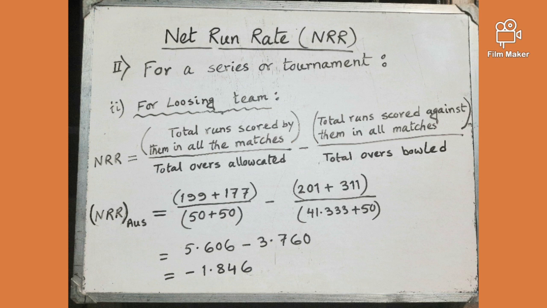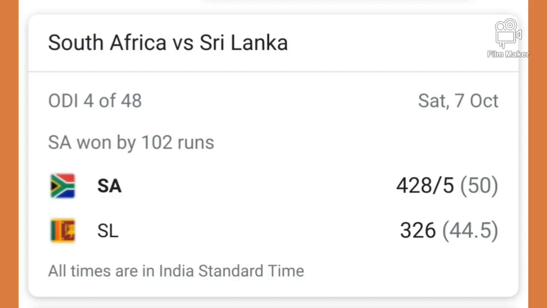Now consider South Africa, which is the winner of two games. The first game they played against Sri Lanka and scored a World Cup highest total record of 428 in their 50 overs, while Sri Lanka were bowled out in 44.5 overs and scored 326 runs.